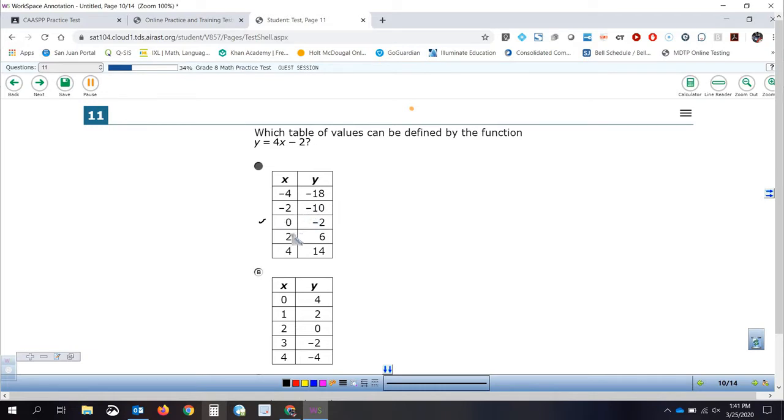Let's try, we did 2. 4 times 2 was 8, if you recall, and 8 minus 2 is 6. So that one also is correct. If we wanted to check one more, 4 times 4 minus 2, 16 minus 2 is 14.